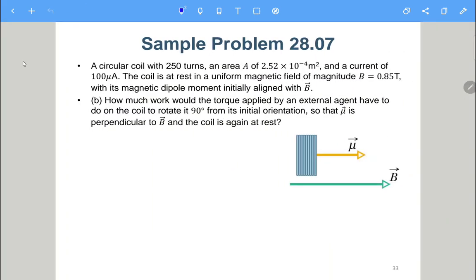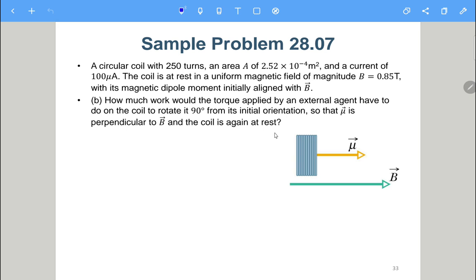Okay. So next, how much work would the torque applied by an external agent have to do on the coil to rotate it 90 degrees from the initial orientation so that mu is perpendicular to B and the coil is again at rest?